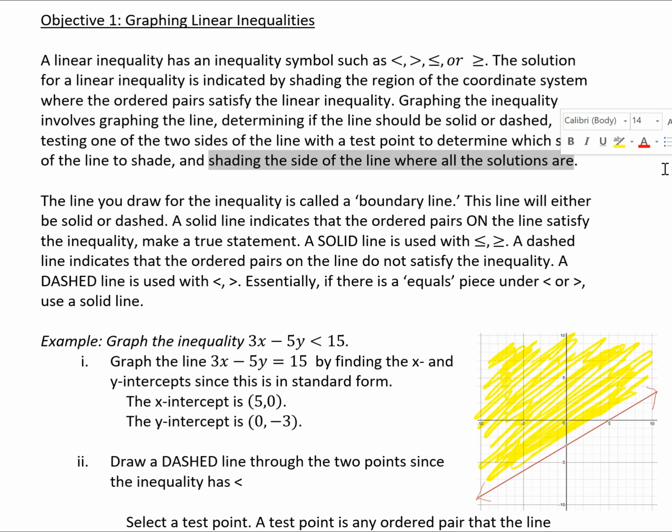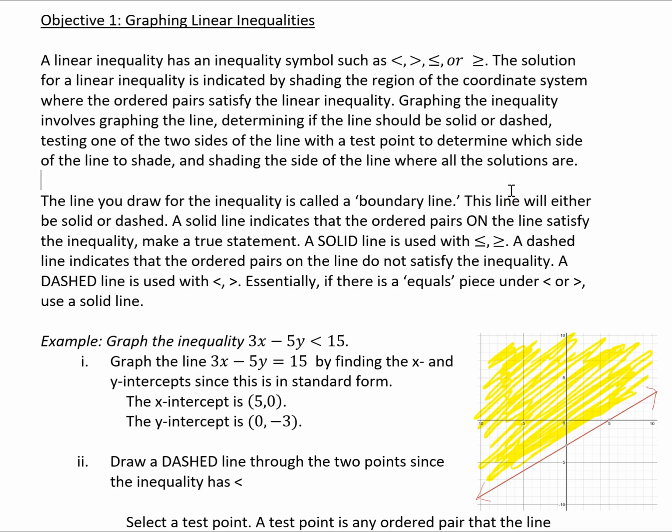The reason for this is that when we are graphing multiple equations on a graph and shading where all the regions are not, or all the regions are false, then the white section of the graph is our feasible region, and it makes it easier to see. If we shade where all the places are true, then we end up with lots of overlying colors and have a very difficult time figuring out where the feasible region is. In today's lesson, though, I'm going to be using the traditional method of shading the side of the line where all the solutions are.